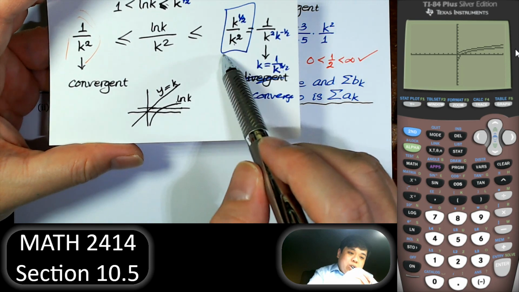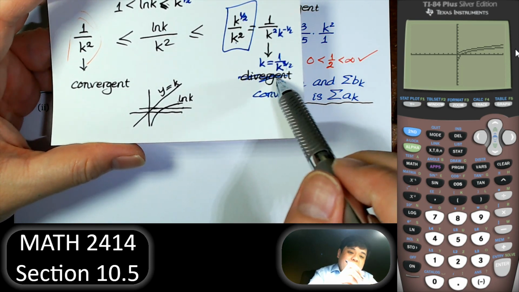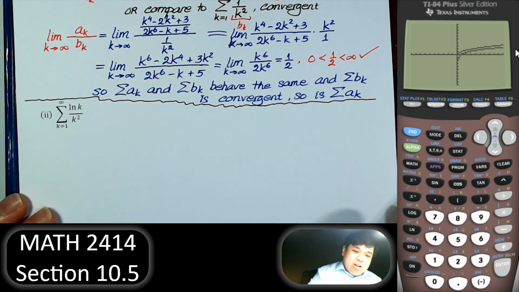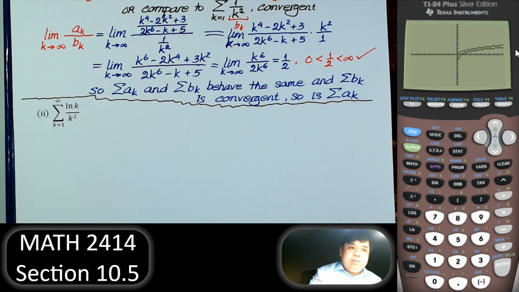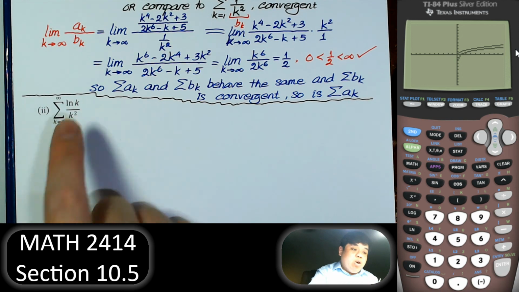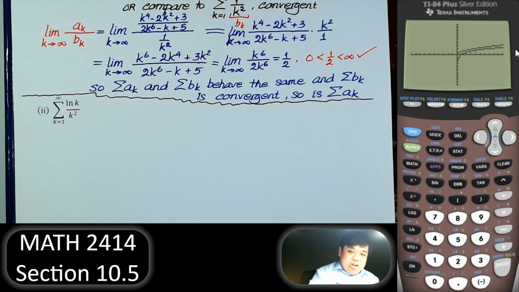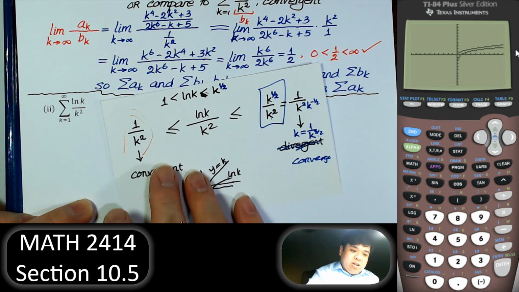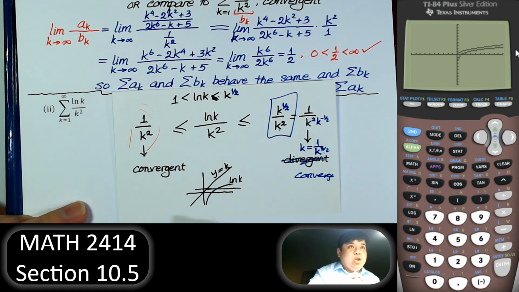When we choose the power 1/2, it is actually convergent, and that certainly works. Because whatever series we compare to has to behave the same as the series we're trying to prove, which we don't know yet. So this is a good case study about what we should do when we have the ln of k.